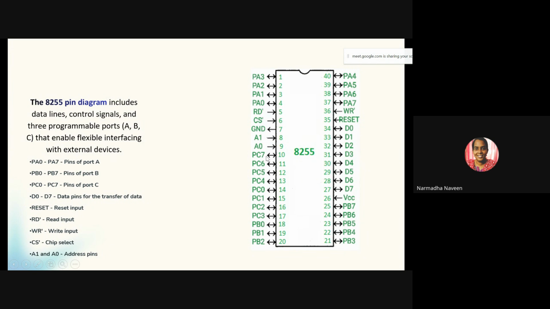Apart from that, we have reset, and WR, active low, to perform a write operation into the chip, and RD to perform a read operation from the chip. CS is chip select to activate the chip, and A0 and A1 are the address pins.